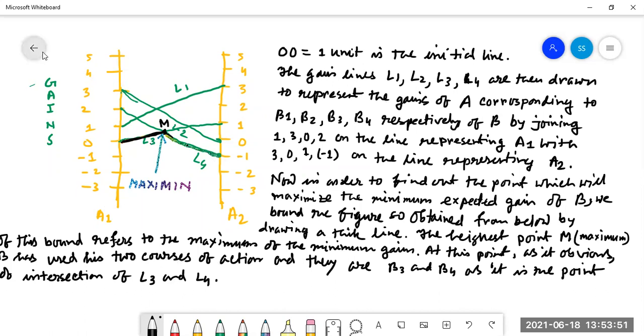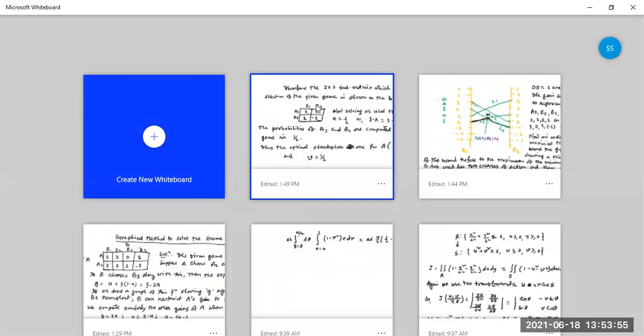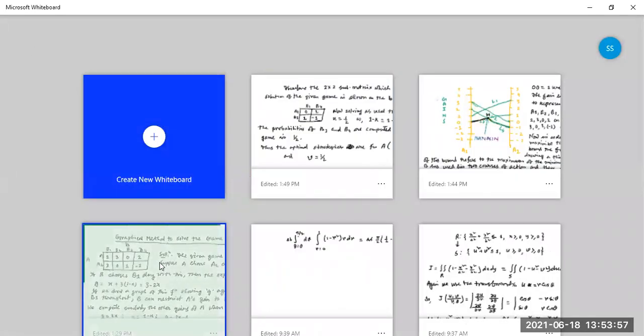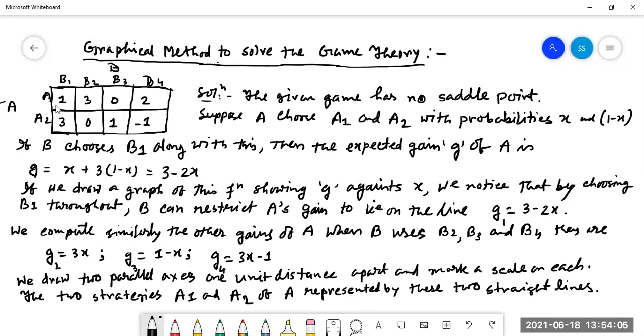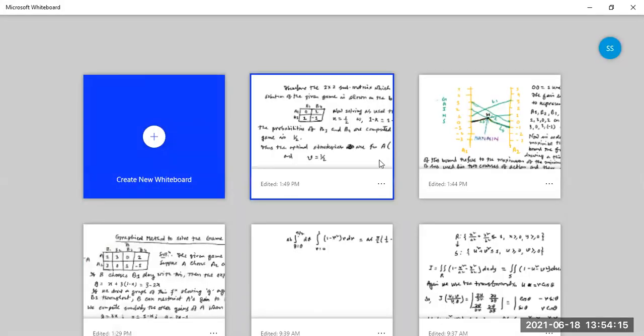Now look at the previous cell, the first cell. The line of action for A1 and B1 is 1, 3, then 3, 0, then 0, 1, then 2, minus 1. So look at here.